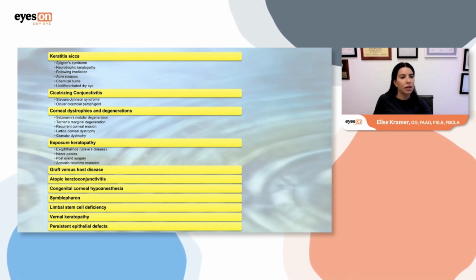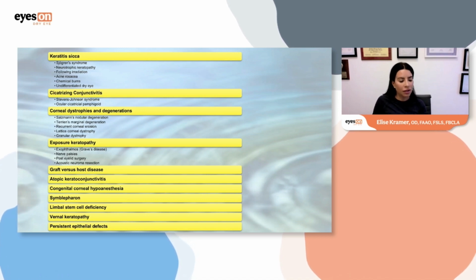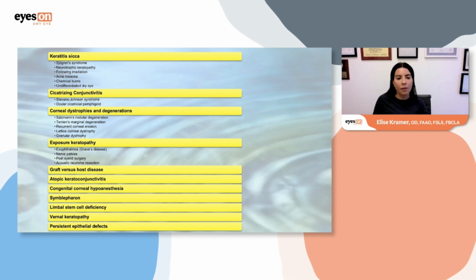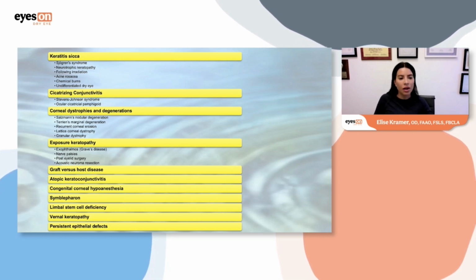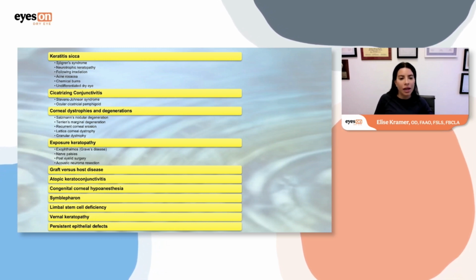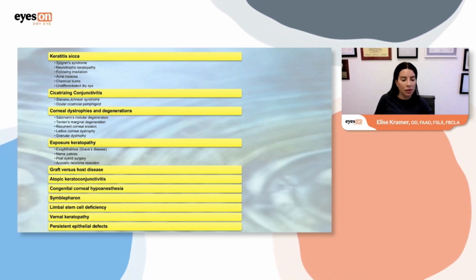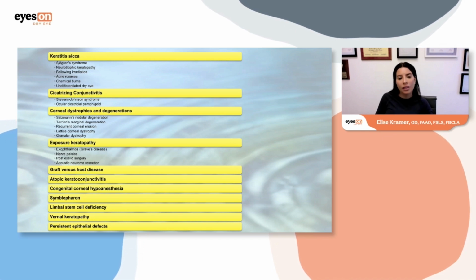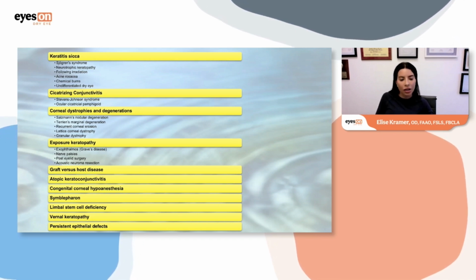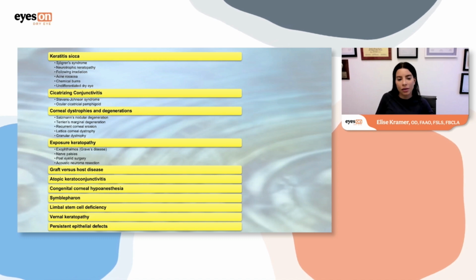Cicatrizing conjunctivitis, whether it's Stevens-Johnson, OCP, there's corneal dystrophies, degenerations like Salzmann's nodules, Terrien's marginal degeneration, RCEs, exposure keratopathy from post-eyelid surgery, nerve palsies, exophthalmos, graft versus host disease, atopic keratoconjunctivitis, hypoesthesia, limbal stem cell deficiency, vernal keratopathy, persistent epithelial defects. So all of these indications have been established as ocular surface diseases that can be addressed with scleral lenses.